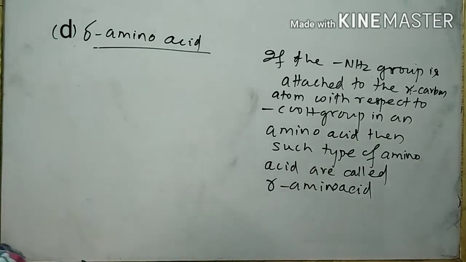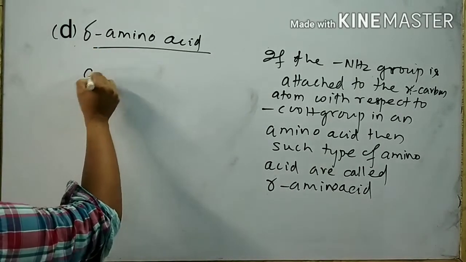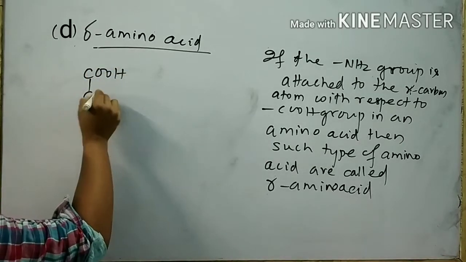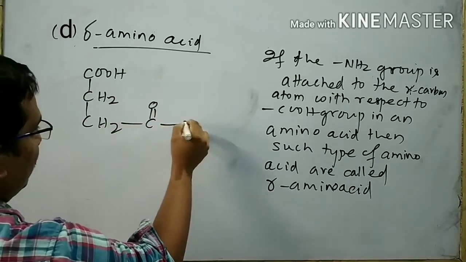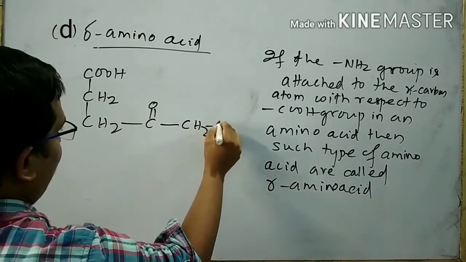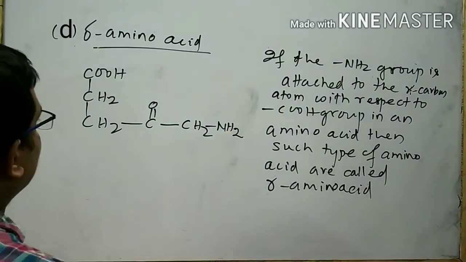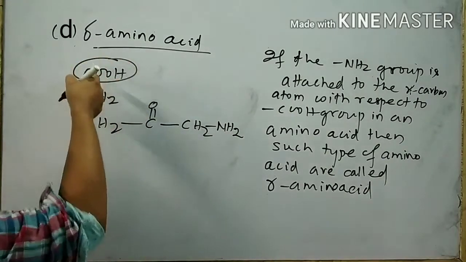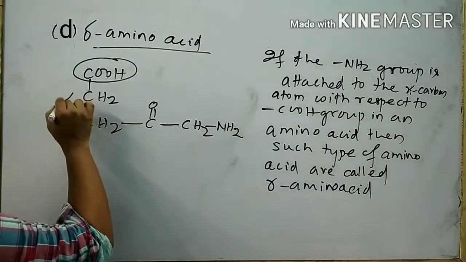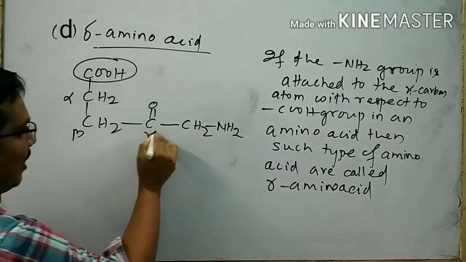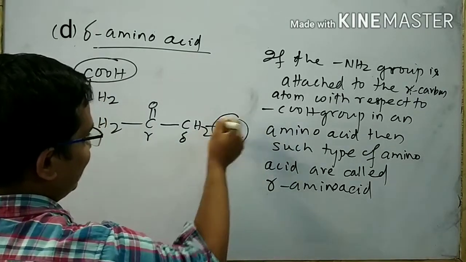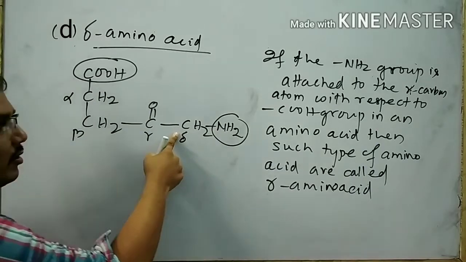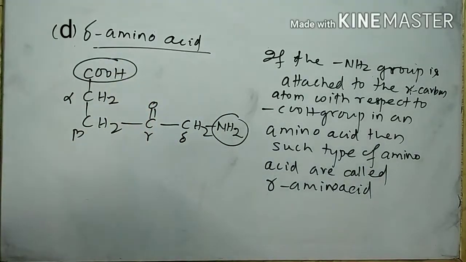Take an example of a delta amino acid: COOH-CH2-CH2-C(=O)-CH2-NH2. Look at that, with respect to this COOH group, this is the alpha, this is the beta, gamma, this is the delta, and the NH2 group is attached to the delta carbon, so it belongs to the delta amino acid.